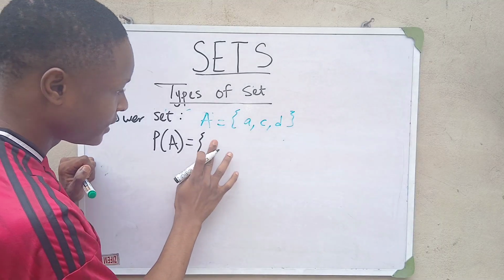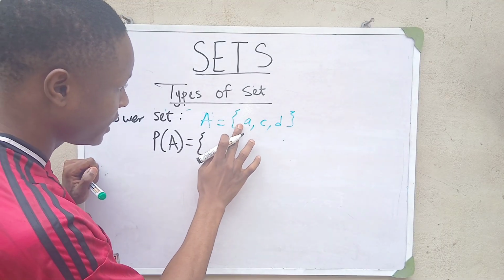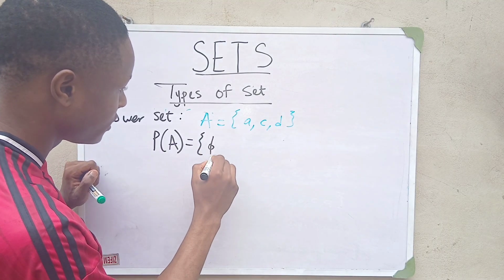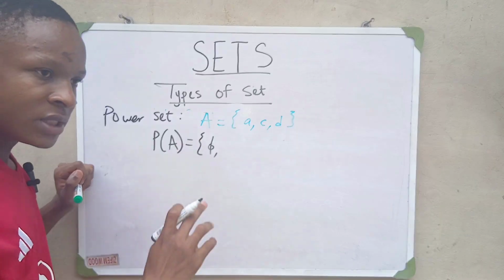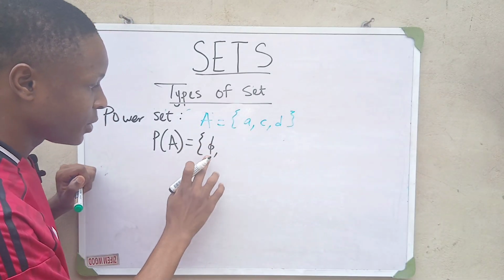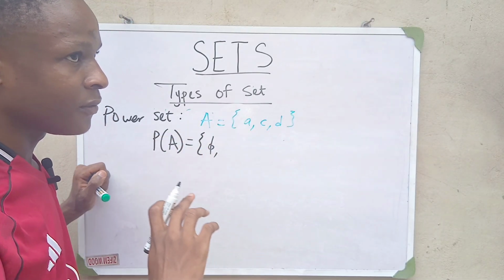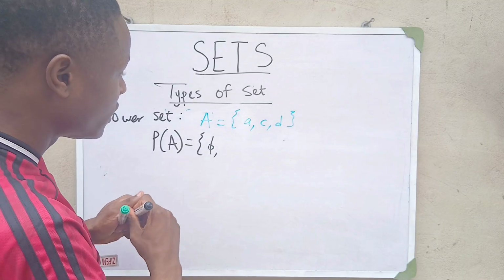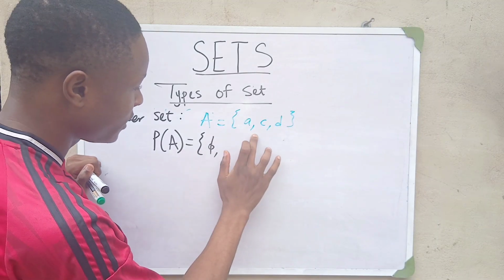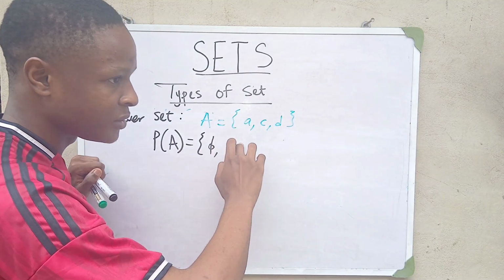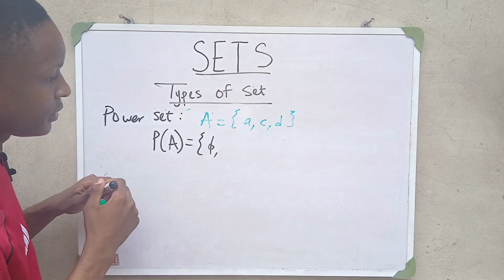The first set that we can get from this set is the null set. Always take note: the null set or the empty set is a subset of every set. So if we want to get the subsets of A, the null set must be part of them.